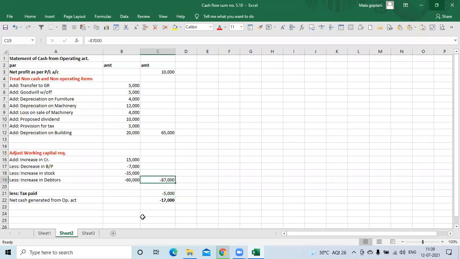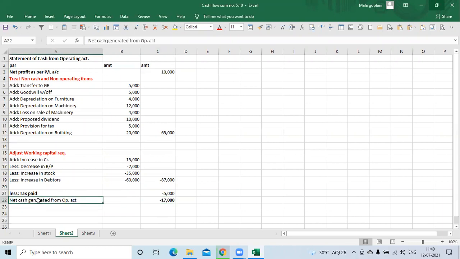How many amounts do you have in the outer column? 4. So do it on the calculator: 10,000 plus 65,000 minus 87,000 and minus 5,000. What is your final figure? Bracket 17,000.